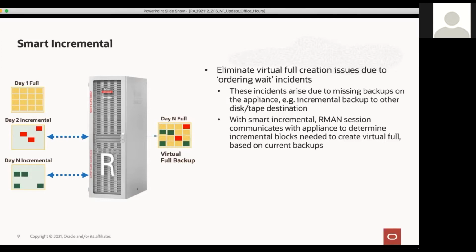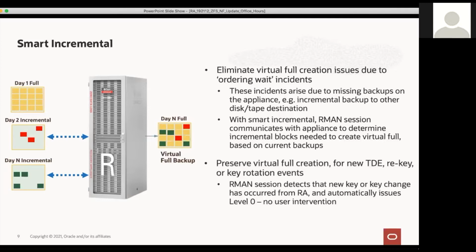And just like we said before, all incrementals will just be created now without these ordering wait incidents arising due to these issues. The other thing that Smart Incremental will enable is automatically preserving virtual full creation in the incremental forever strategy when you have new TDE databases that have been moved to TDE, existing TDE databases that have been rekeyed, or you have key rotation events.